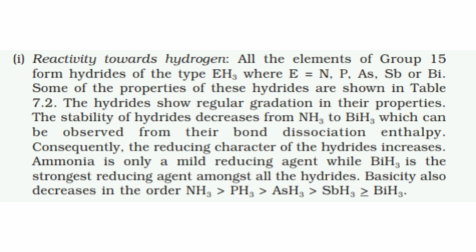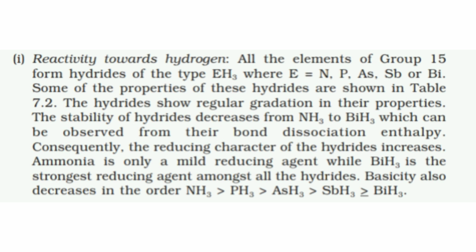Reactivity towards hydrogen. All the elements of group 15 form hydrides of the type EH3, where E is nitrogen, phosphorus, arsenic, Sb, or bismuth. Some of the properties of these hydrides are given in table 7.2. The hydrides show regular gradation in their properties.